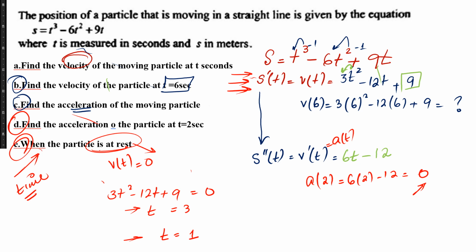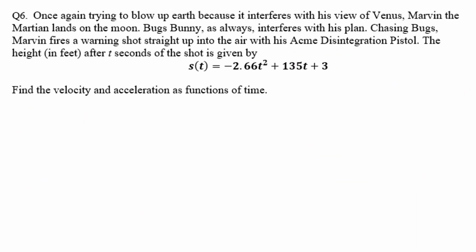Similarly, in part B, you have to write that the velocity of the particle at t equals 6 seconds is whatever we find over here, the answer. So in AP Calculus, it's not about only calculation, but also converting your calculation into a verbal statement.